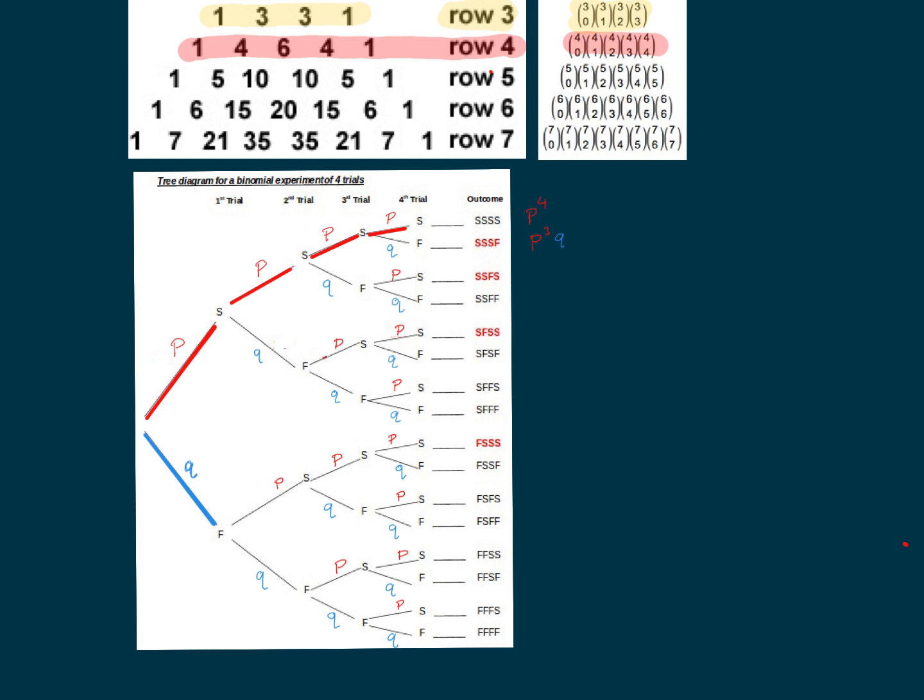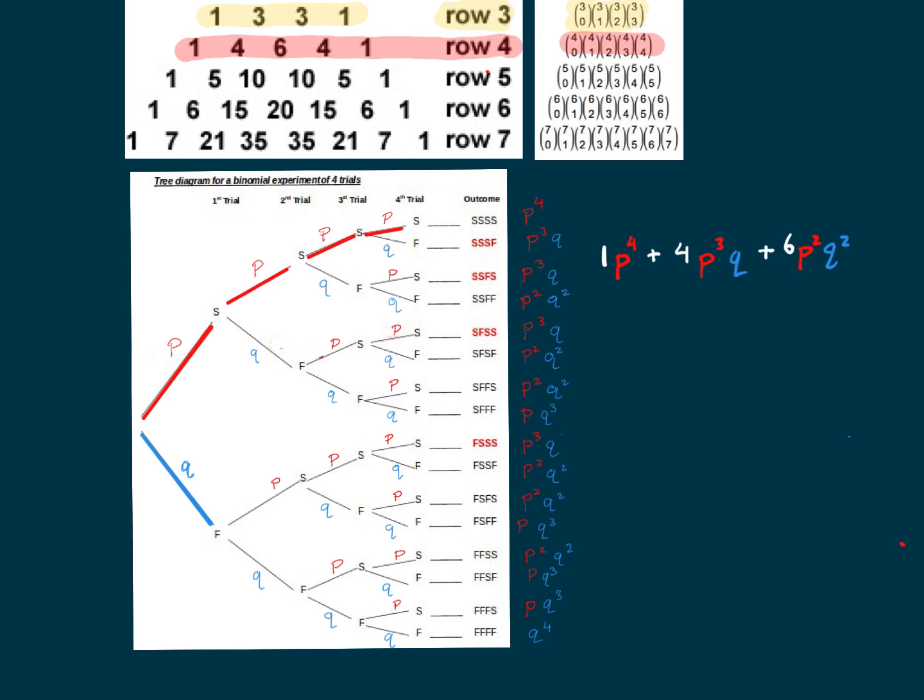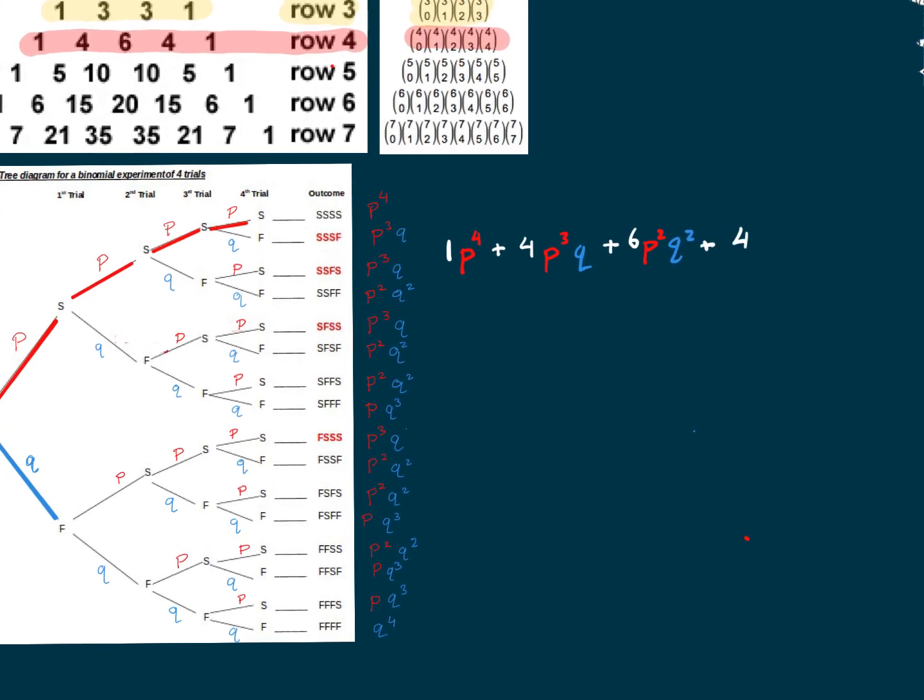If I continue this, from this you can gather that I will have 1 P to the power of 4, plus 4 P to the power of 3 Q, plus 6 P squared Q squared, plus 4 P Q to the power of 3, plus 1 Q to the power of 4.